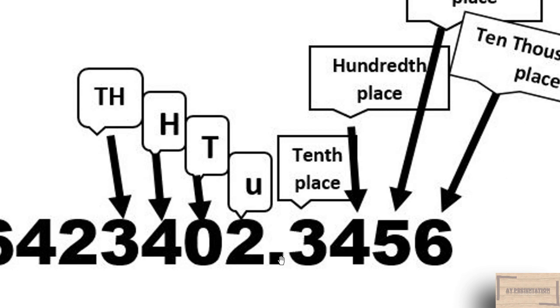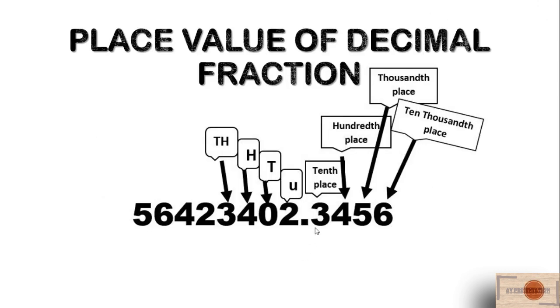Students, on the right side of the point, all the numbers are not a complete number; that is a decimal fraction, and that is the place value of each digit in fractions upon 10. 4's value is 4 upon 100, 5's value is 5 upon 1000, and 6's value is 6 upon 10,000.